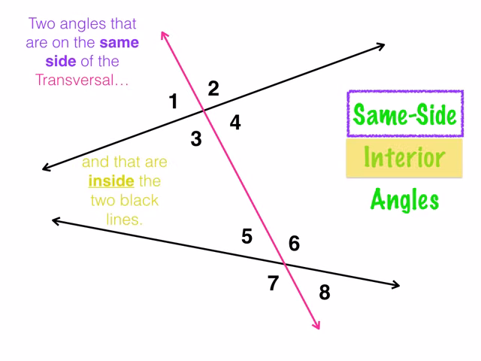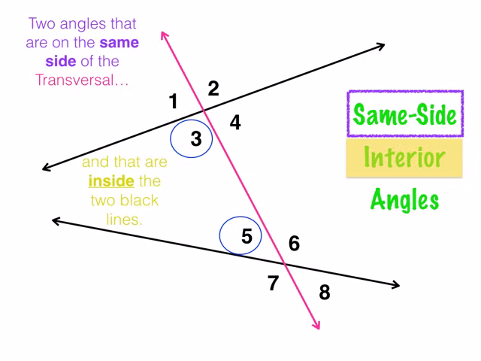So let's start with angle 3, since it's an interior angle after all. Can you tell me which angle is on the same side of the transversal as angle 3 and also inside the two black lines? Good! 5.